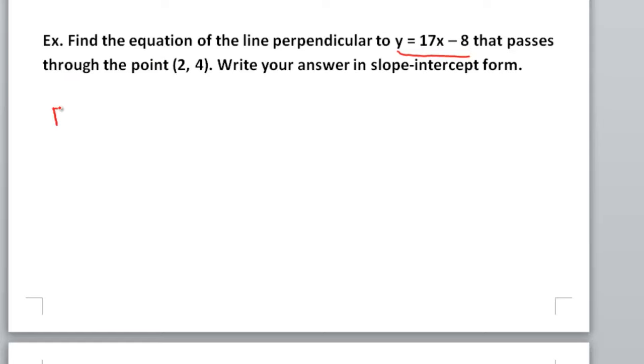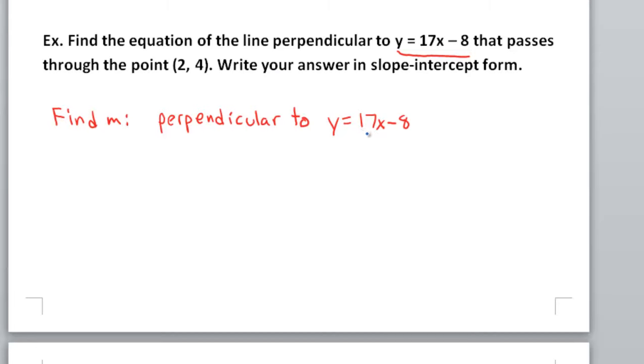To find the slope of our line, we use the fact that our line is perpendicular to this one. Since our line is perpendicular to this one, the slope of our line is the opposite reciprocal of the slope of this line.